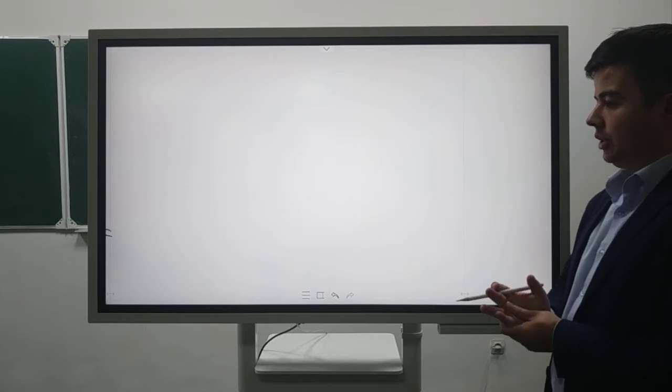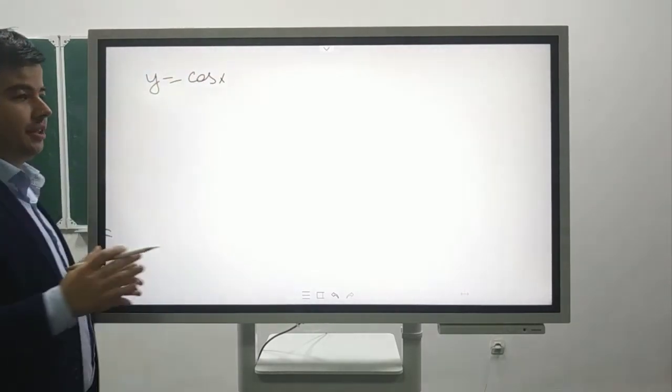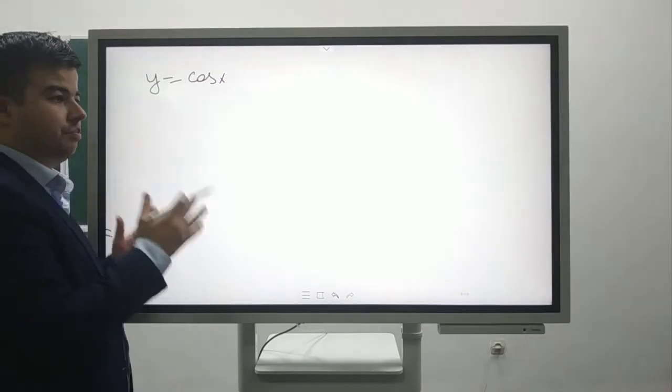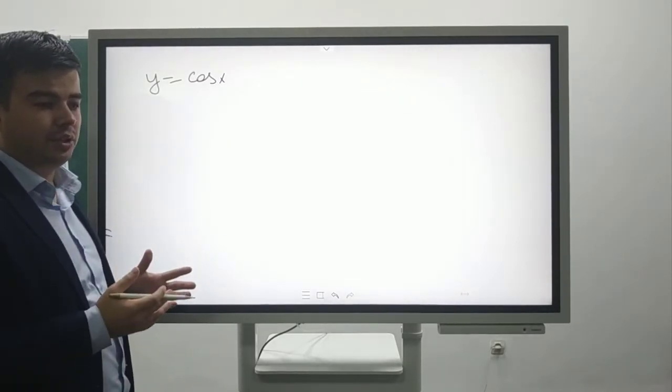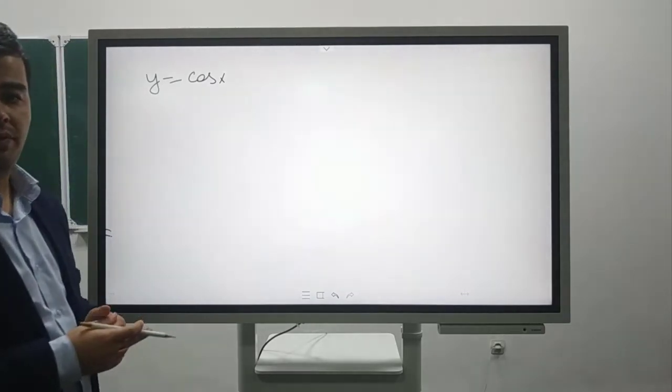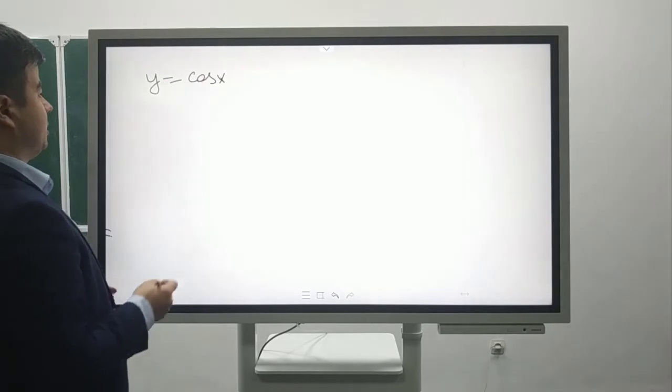And now let's consider one more example of inverse functions. For example, any trigonometric function, cosine x. I think you know how to find an inverse function. We showed it in our lectures in the second practices, functions. So, cosine x.